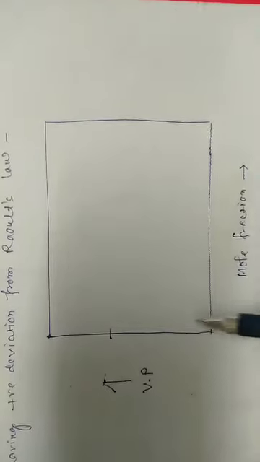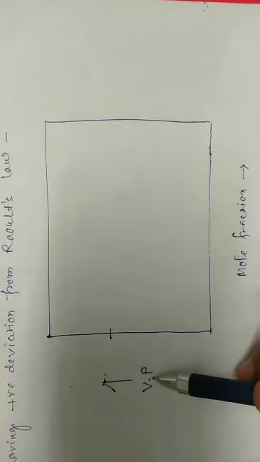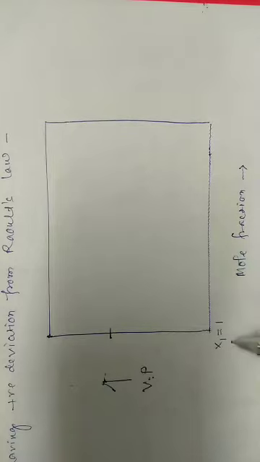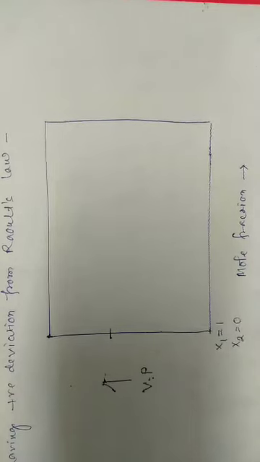So this is a graph in which vapor pressure is plotting against the mole fraction for a liquid solution. Let us consider at this point x1 equal to 1 and x2 equal to 0. If x1 equal to 1, x2 obviously equal to 0 because x1 plus x2 always equal to 1.